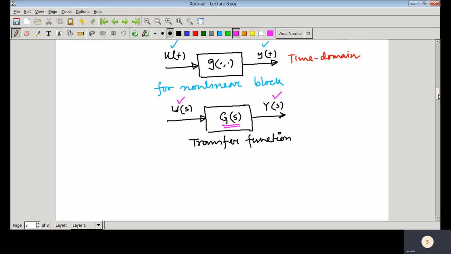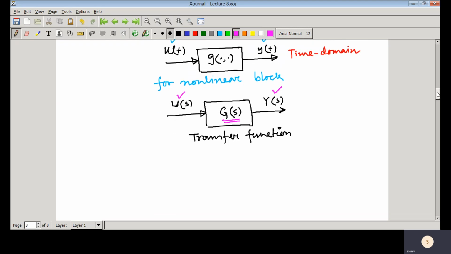So now let us discuss in detail the different components involved in the block diagram. The first one is the comparator.